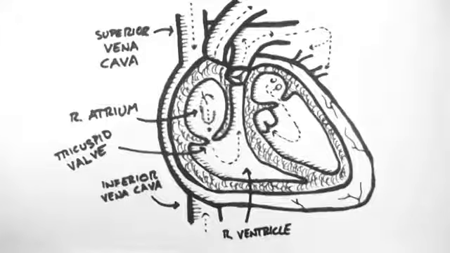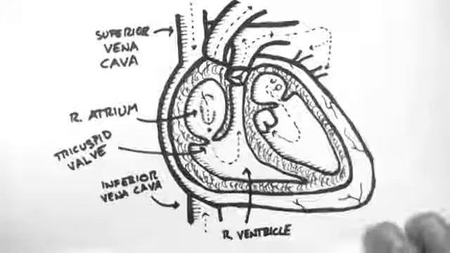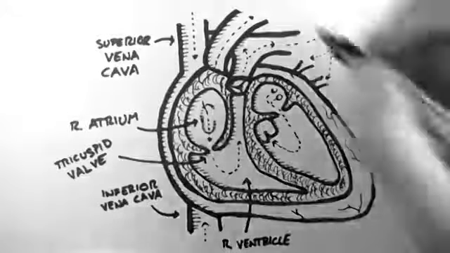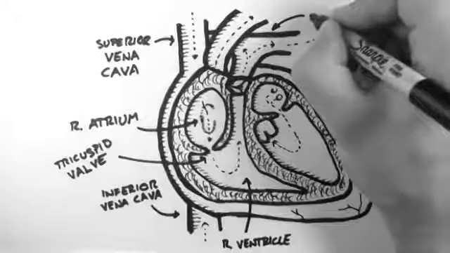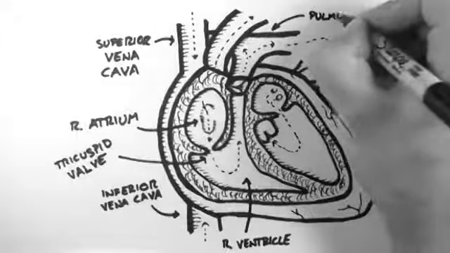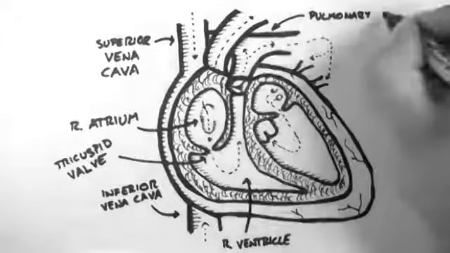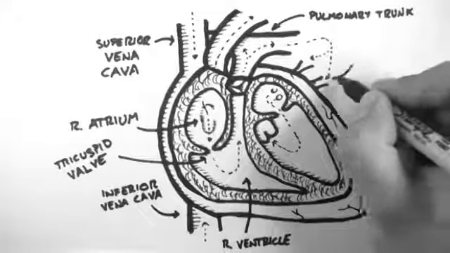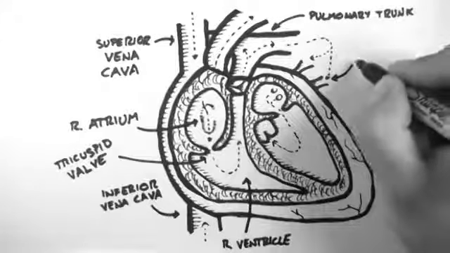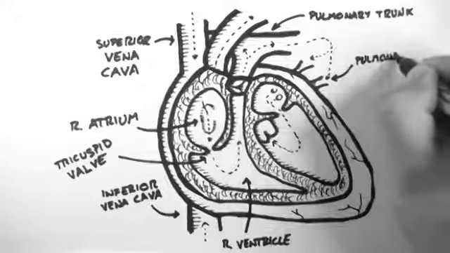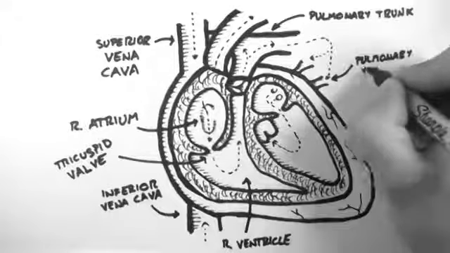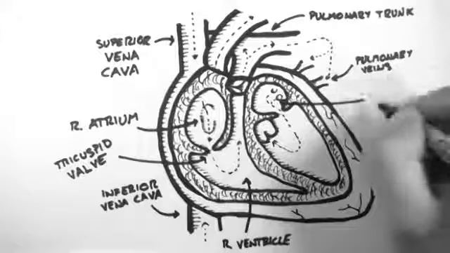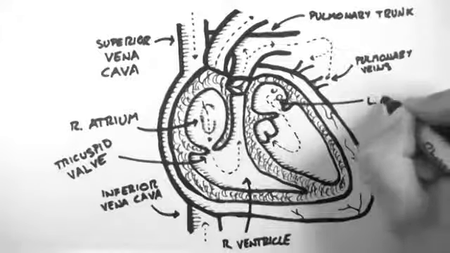Blood then flows out of the right ventricle through the pulmonary valve into the pulmonary trunk. At this point, it goes to the lungs. Then, returning from the lungs, it enters the next chamber via the pulmonary veins. And this chamber it enters is the left atrium.